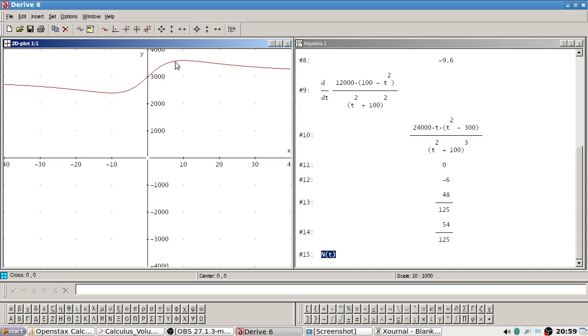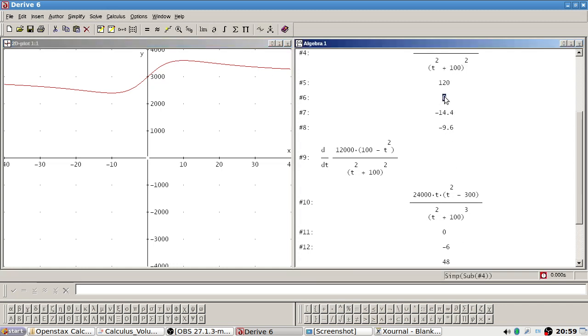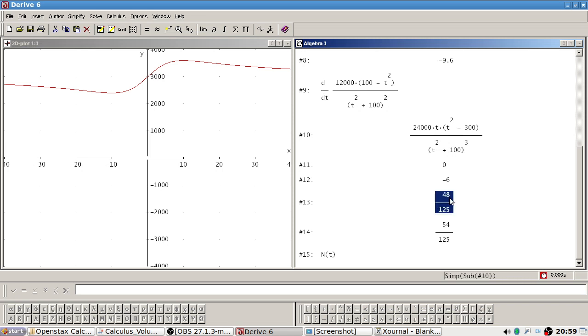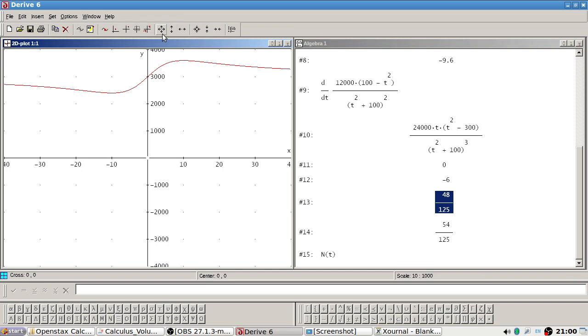And then we reach a point here where the population stops growing and then starts to fall. But it's positive again at 30. If I zoom out a bit, is it going to uptick again? I'm not sure. No, it looks like it's leveling out.